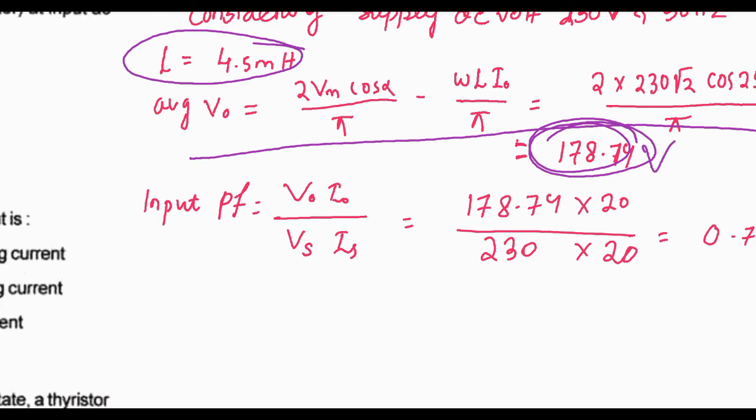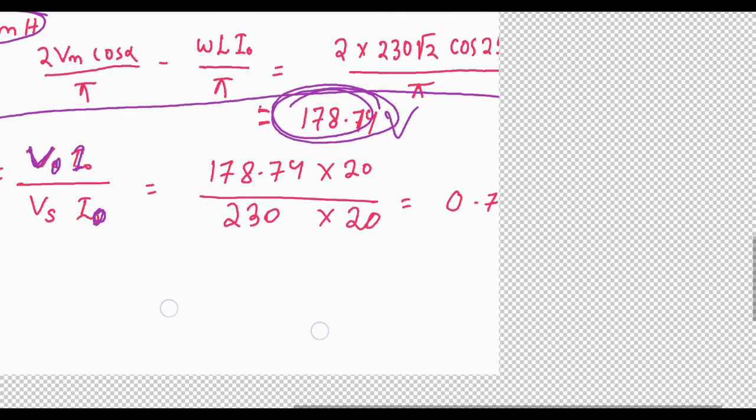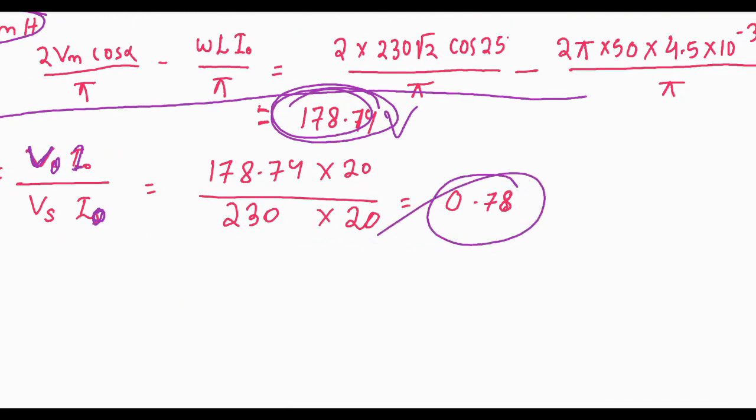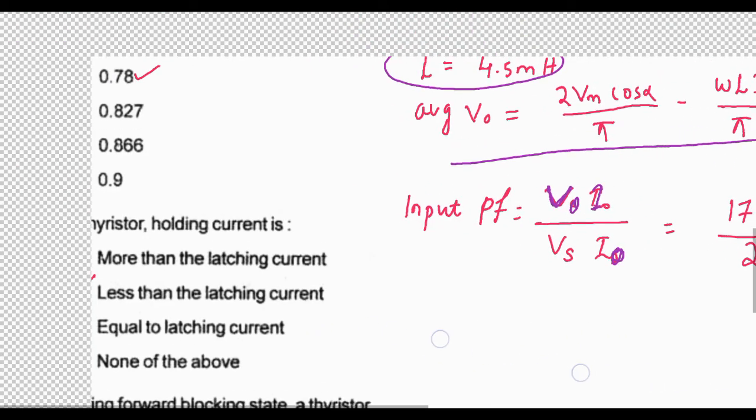Input power factor is the average power, or the DC power, divided by the RMS value, that is V0 I0 by Vrms Irms. In both cases I is constant at 20 ampere, and here V0 is 178.74 by 230, and this is coming to be 0.78.